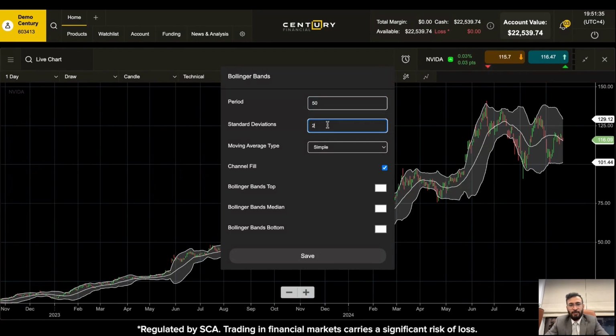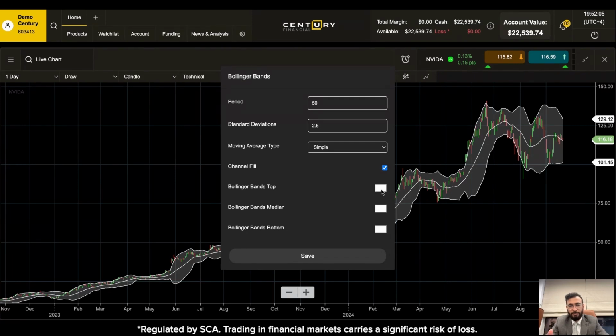And similarly, I'm going to set the standard deviation. So why I said there are four lines: there is one moving average line, which is 50 days, and there are standard deviation lines, which I'm going to make 2.5. And we can make this moving average exponential, or we can just keep it simple.